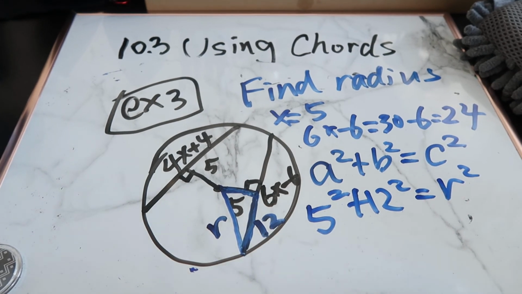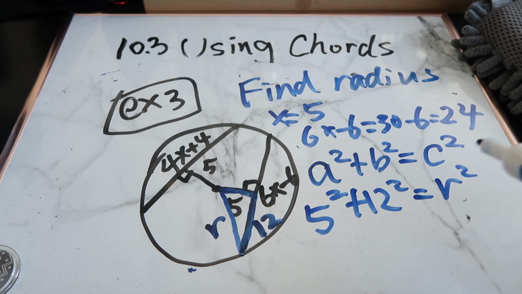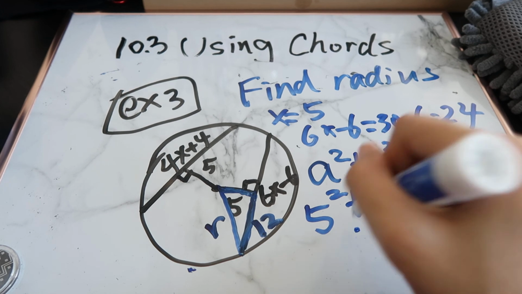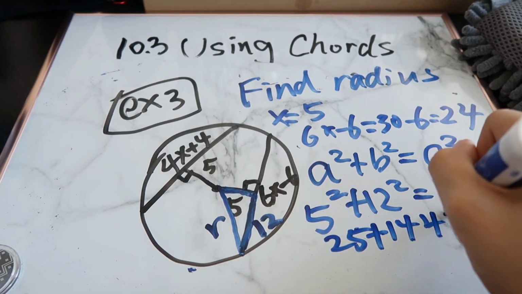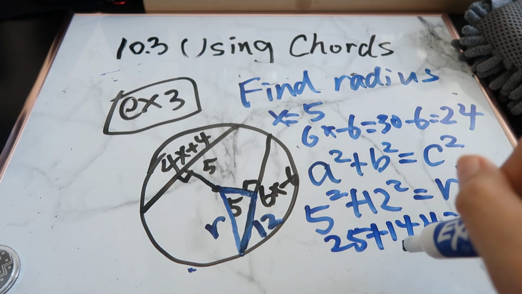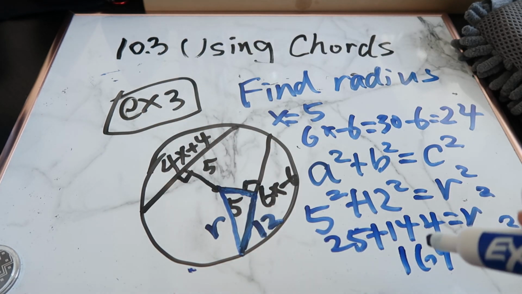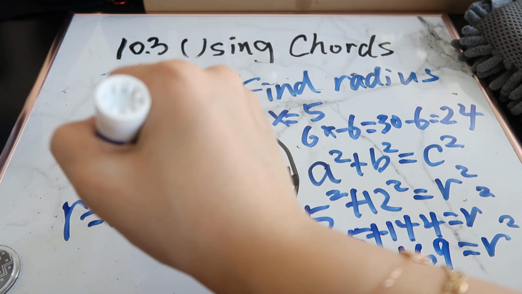The easier way to remember it is that the radius here would always be the c in the Pythagorean theorem. It will always be on the right side by itself. Then when you solve for it, 25 plus 144 is r squared. So 169 is r squared. So when you take the square root of 169, r would be 13.